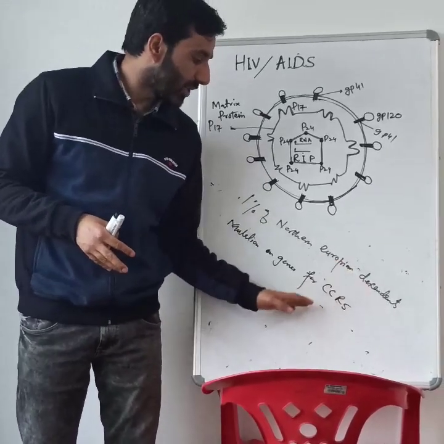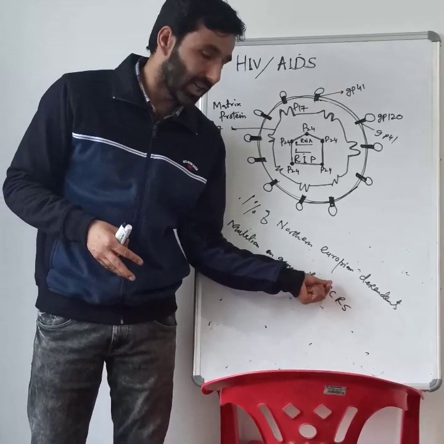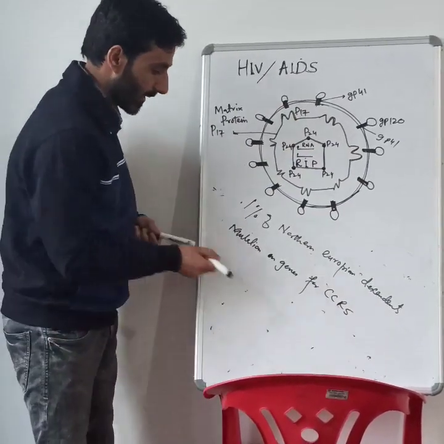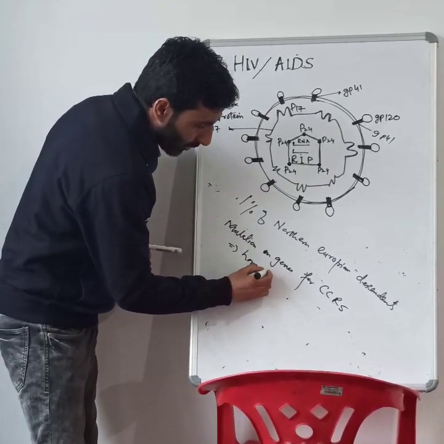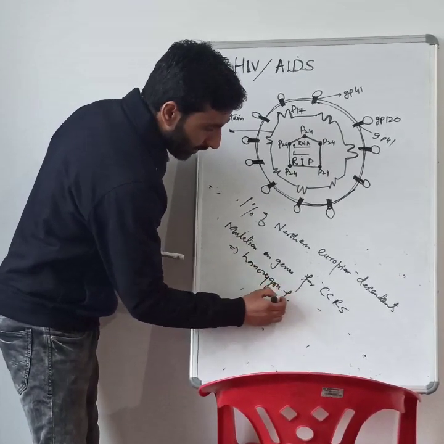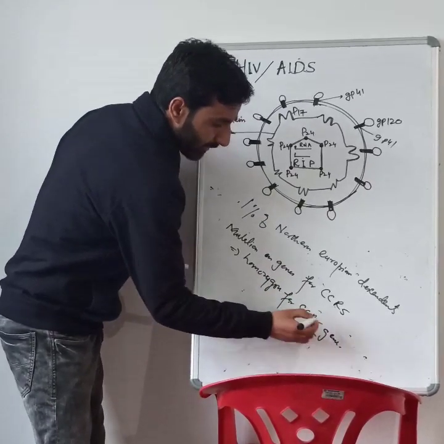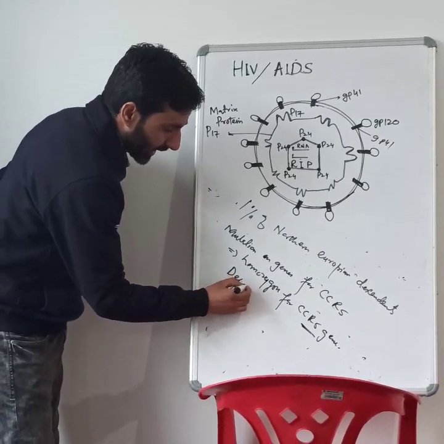So when they have a mutation in this gene, their cells won't produce this CCR5. That means they could be homozygous for the CCR5 gene. When their genes are defective, they have defective genes for CCR5.